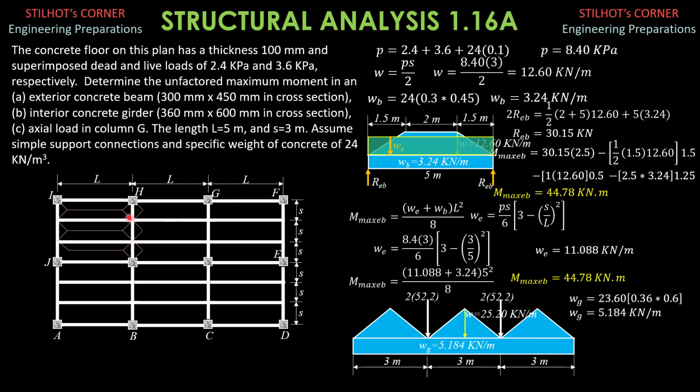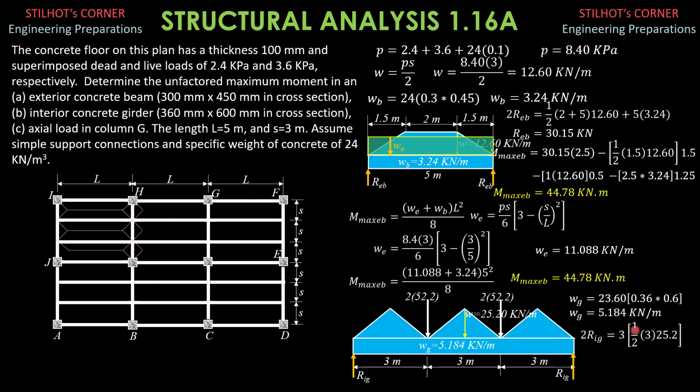We have concentrated loads here, 2, which is 2 times 52.2, where 52.2 is the end reaction of the interior beam. Let's call the end reaction of the interior girder RIG. So 2 times RIG is 3 times 1/2 of 3 times 25.2. For this triangular load, there are 3 identical triangles.